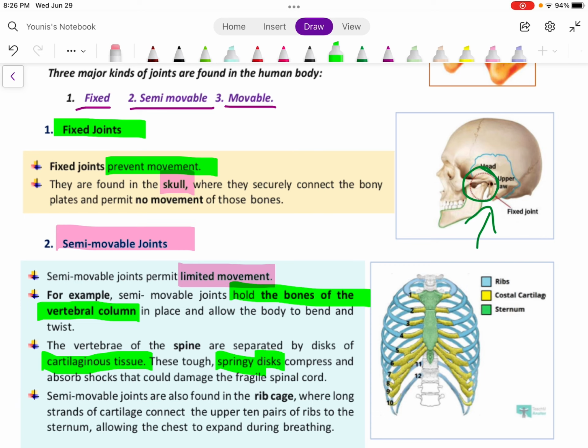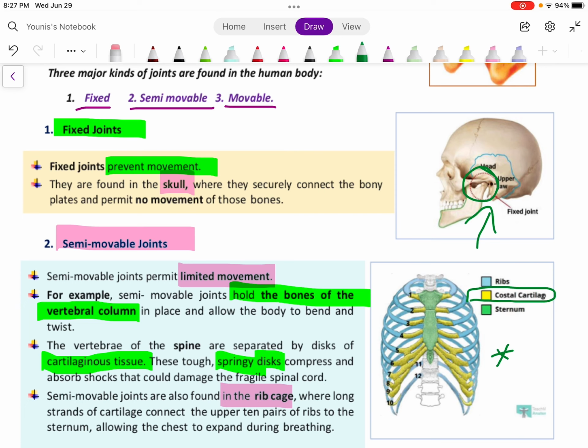Where else can semi-movable joints be found? The locations are very important. Please focus. They can also be found in the rib cage. Just focus on the figure on the right. Focus on the yellow bones. The yellow bones are the costal cartilage. They are the cartilage, and they attach the blue bones, which are the ribs, to the green bone, which is the sternum.